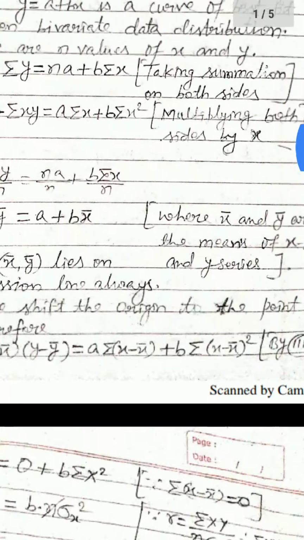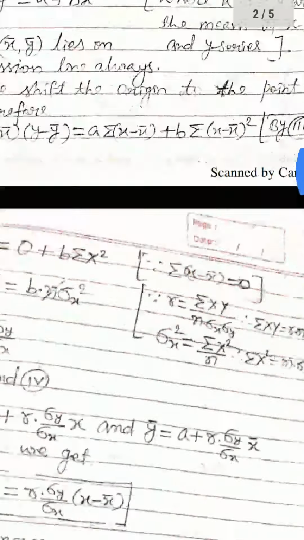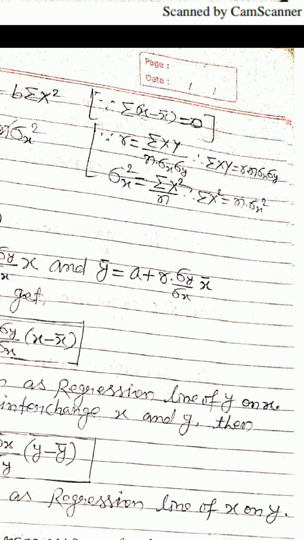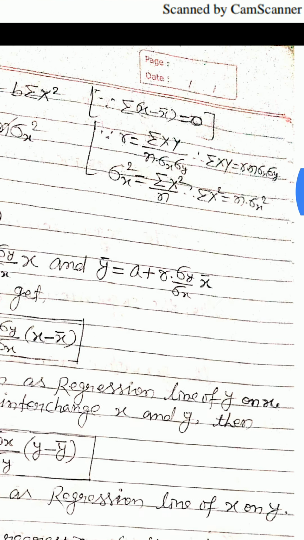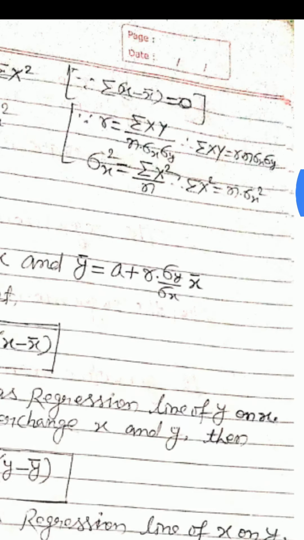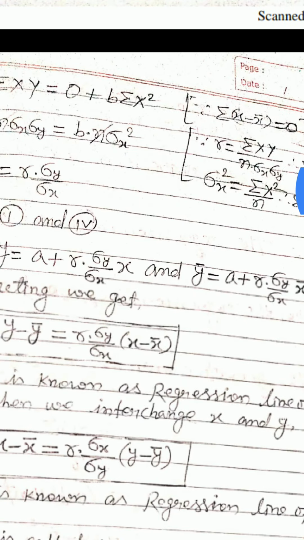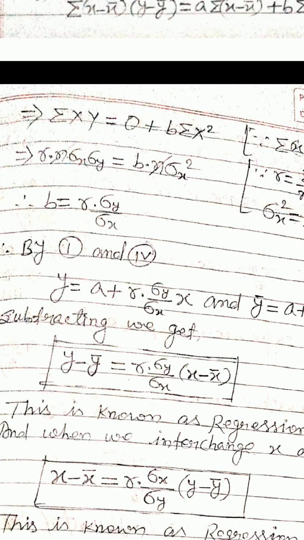We know the standard deviation: sigma x is equal to the square root of summation of x square by n. If we square both sides, we get sigma x square is equal to summation of x square by n. So the summation of x square is equal to n into sigma x square.